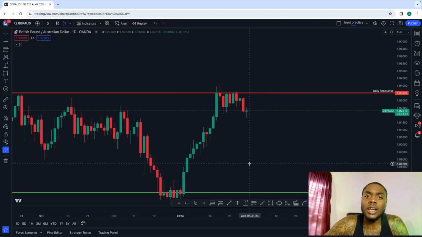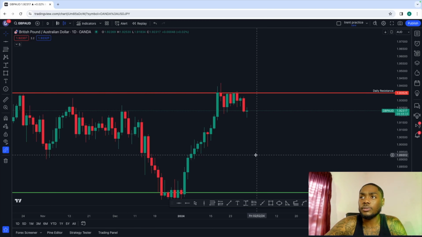And I'm a day trader, so I'm trying to catch the daily move. So I like to have my zones about 150 to 250 pips, depending on the pair. That's also very important. Every pair does not move the same. You have some pairs that move slower, some pairs that move faster. So depending on the pair, I like to have mine between 150 to 200 pips.